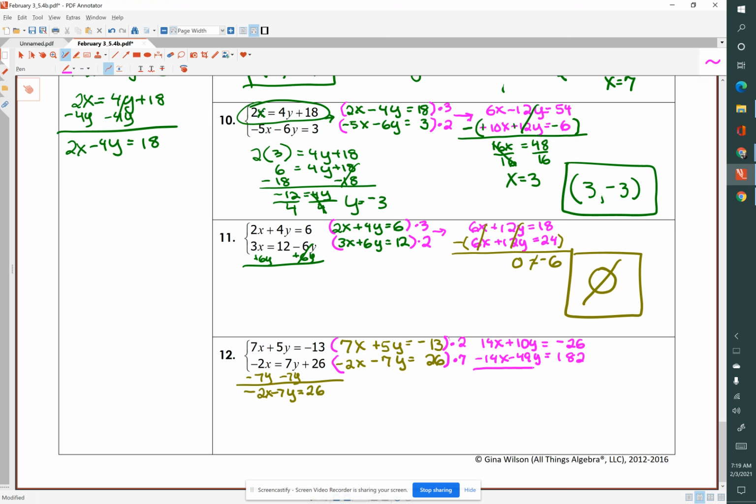Yes, I did use a calculator for that one. All right, so let's move on. We can just add these. We don't need to put parentheses around this and subtract.